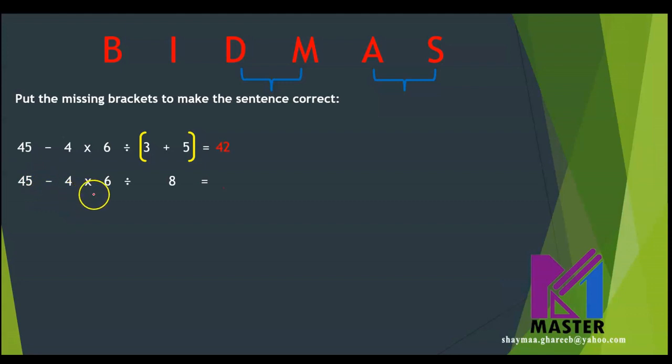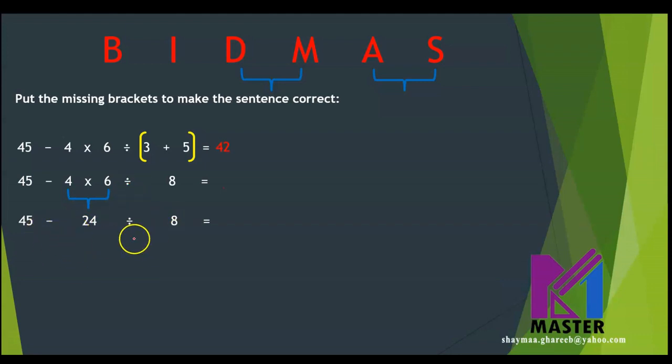I have subtraction, multiplication, division. So I will start with the multiplication because we said division and multiplication have the same order, and the one that comes first, I do it first. So I will write the 45 as it is, the subtraction as it is, and the multiplication answer is 24. Then the division as it is, then the 8.